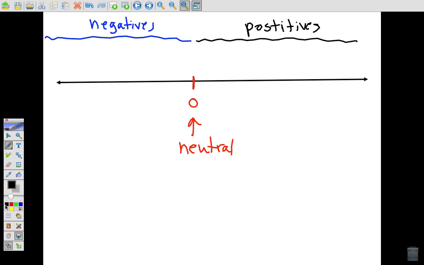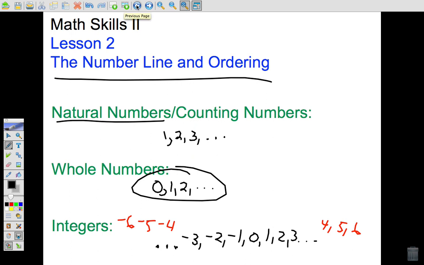So I'm going to fill these in. To the right are my positive integers. Again, I'm using the term integers, meaning numbers like 1, 2, 3. Really an integer is any number that's not a fraction or a decimal. So I can't have fractions or decimals.